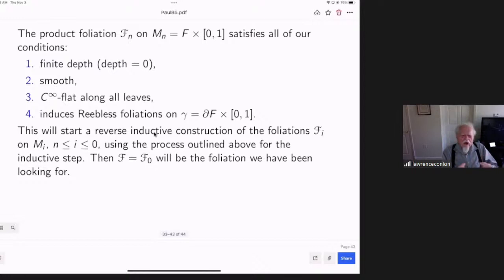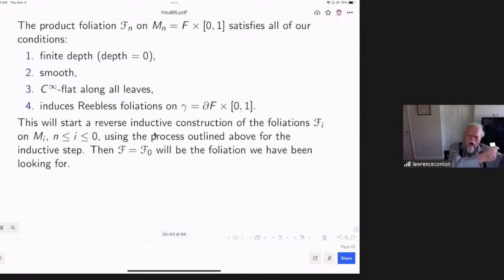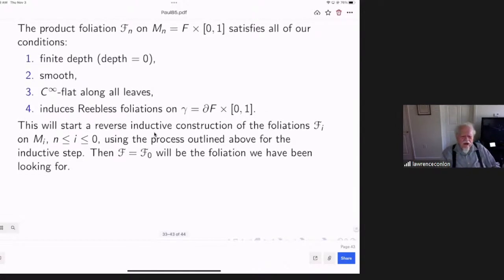This will start a reverse inductive construction of the foliations F_i on M_i, and use the process I've just outlined for the inductive step. F equals F_0 will be the foliation we have been looking for as we go back up the hierarchy to the beginning. Next slide.